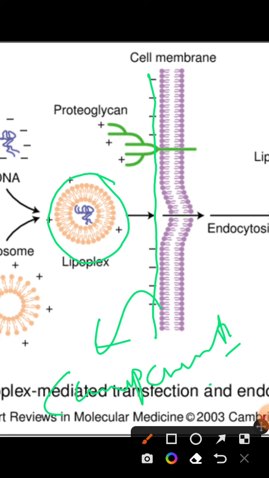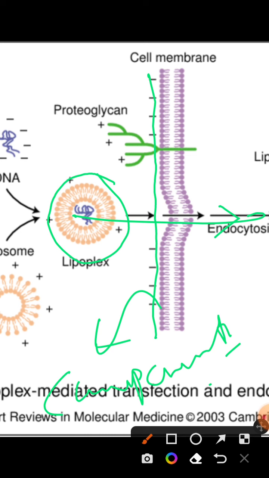So there is no specificity that can be used to insert our gene of interest in a target cell. That is the biggest disadvantage of lipoplex mediated transfection and endocytosis.